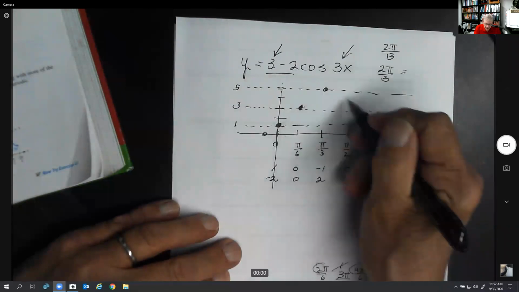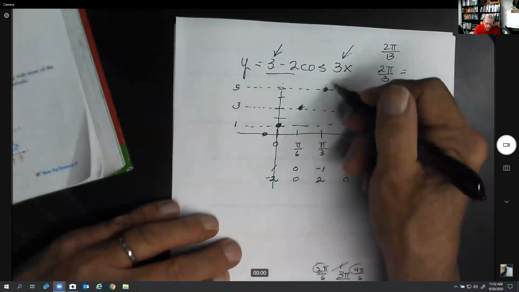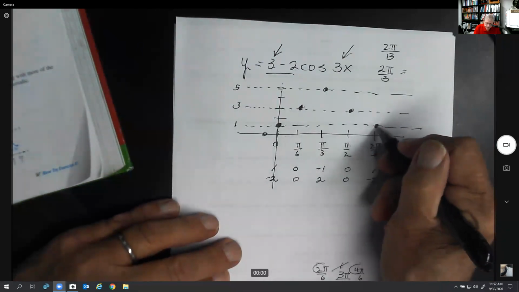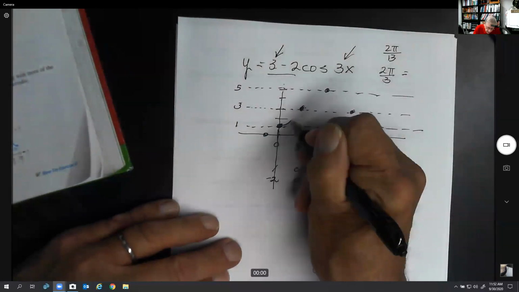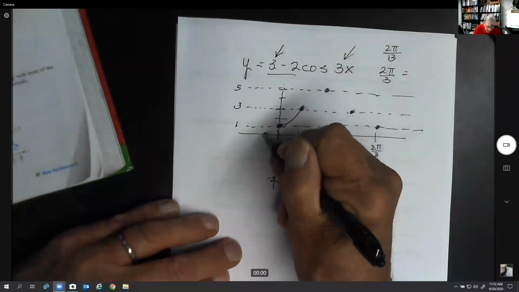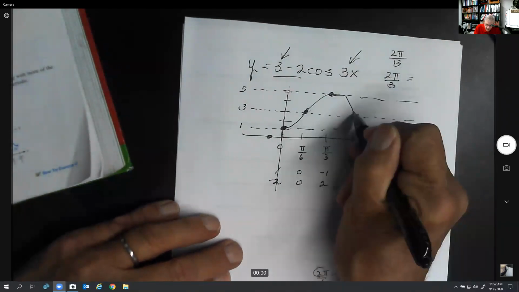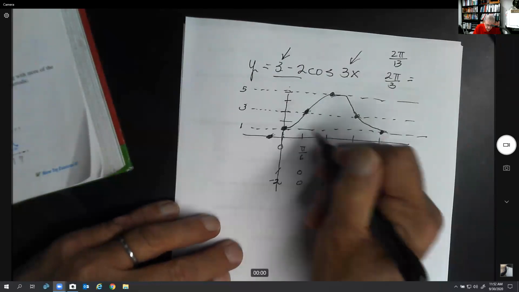Then we're going back down to our center line. And then we're going down 2 units from that. So our graph is going to look something like this. I think that was supposed to be a 0. Our 0 line.